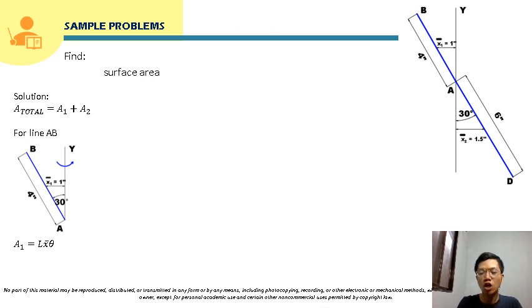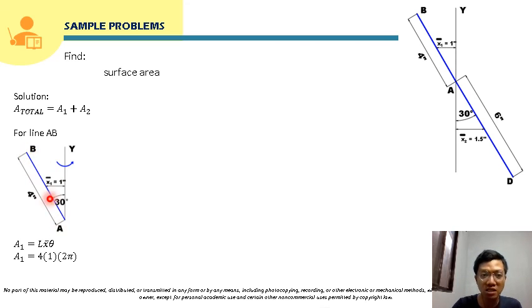So we are going to use the first theorem of Pappus. Our formula here will be L times x bar times theta. Since we are going to revolve this line about the y-axis, what we need here is x bar. The total length of this line is 4 inches, and its x bar is the x coordinate of the centroid of this line.